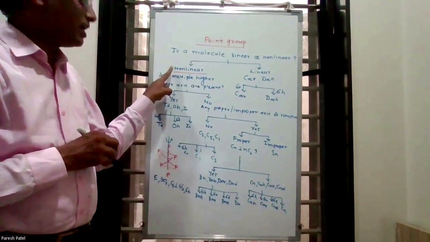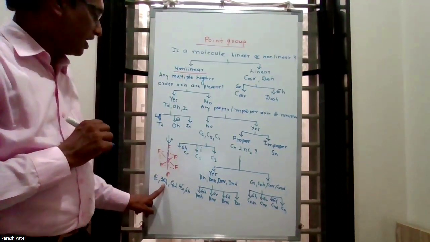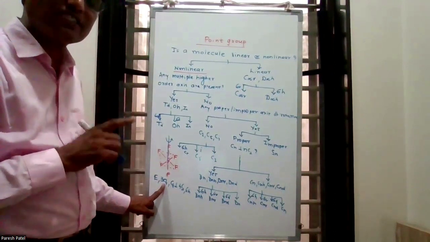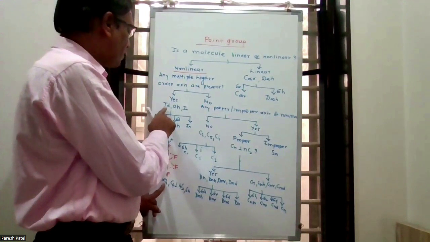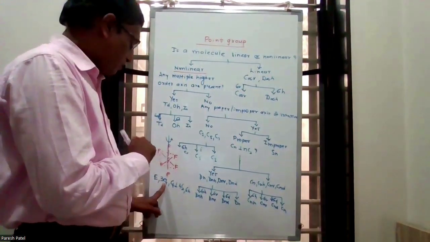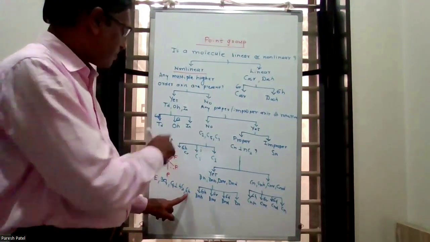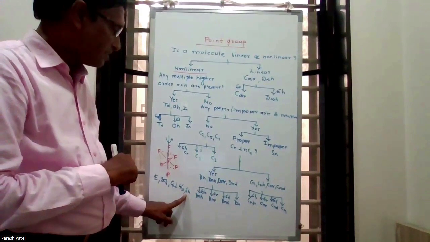Non-linear. Multiple higher order axes? Yes. This molecule consists of 3C4. It means multiple higher order axes are present in case of the SF6 molecule. It means the point group may be TD, OH, or IH. But this molecule consists of sigma H. It means the point group is OH.